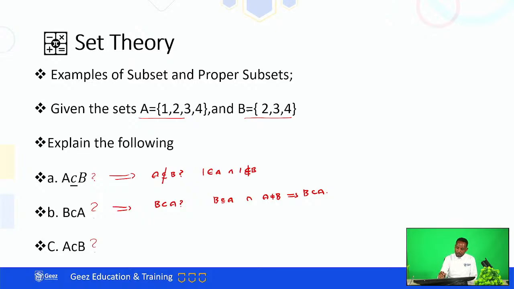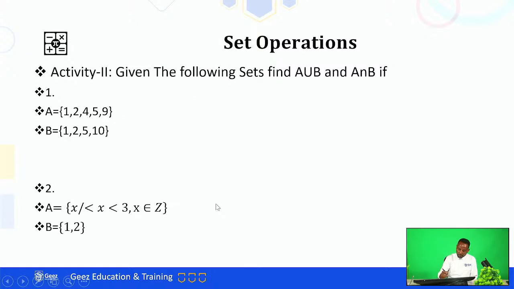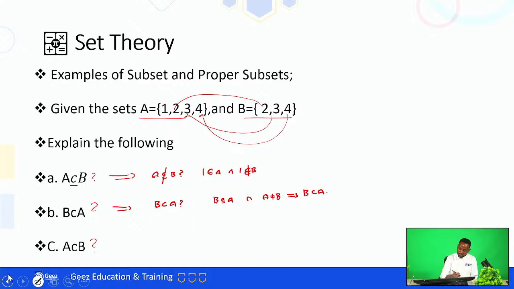Well, B is a subset of A. Is it right? So it is true, I think. Why? Because B is part of A, or every element in B belongs to A. So B is a subset of A. At the same time, is A different from B?